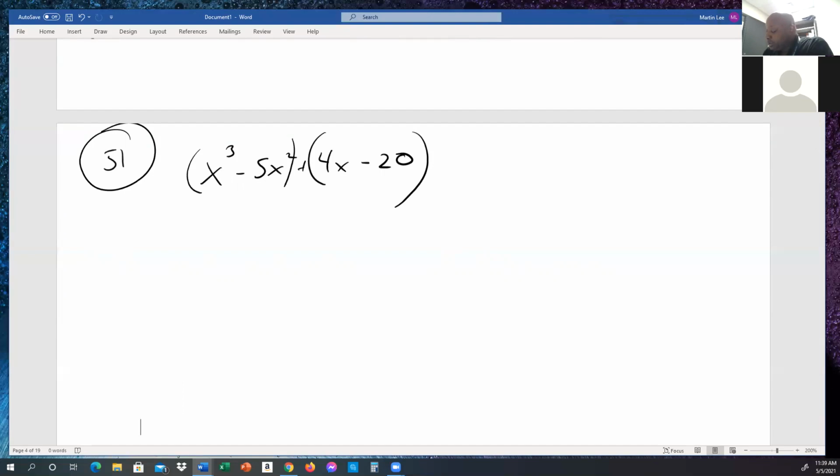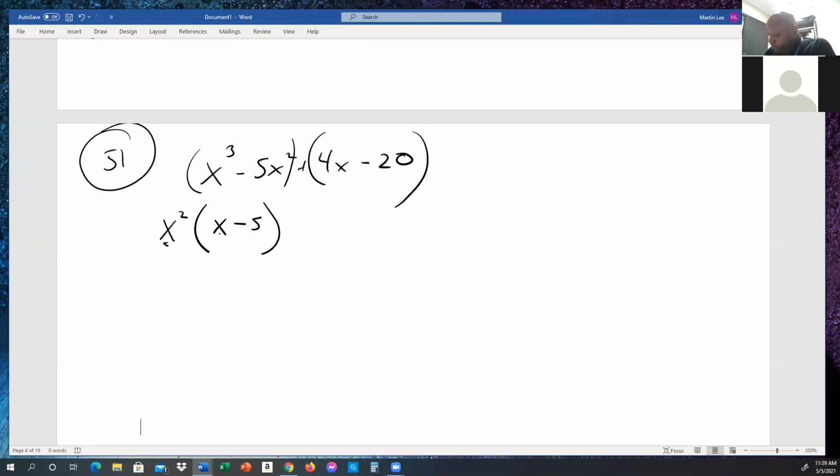So now what we want to do is factor out what they have in common. Well, they both have at least x squared. So let's factor out an x squared. And this is going to leave me, x squared times what gives me x to the third? Well, that's just x. Then x squared times what gives me negative 5x squared, which is negative 5.